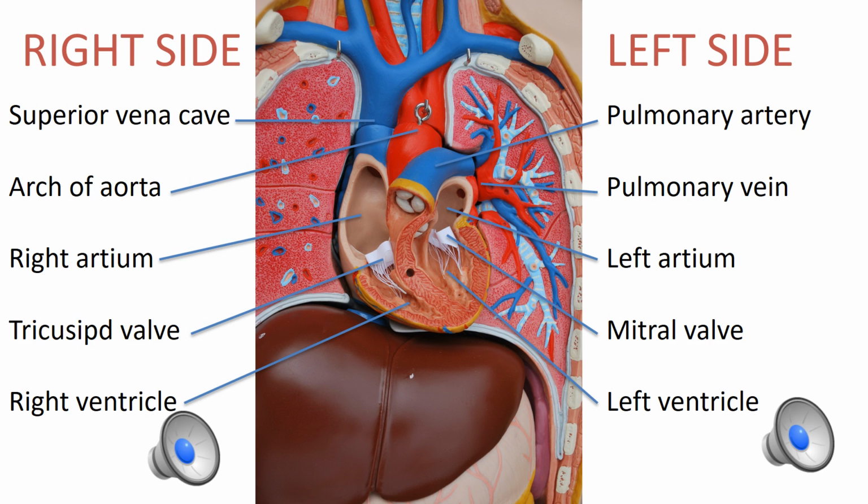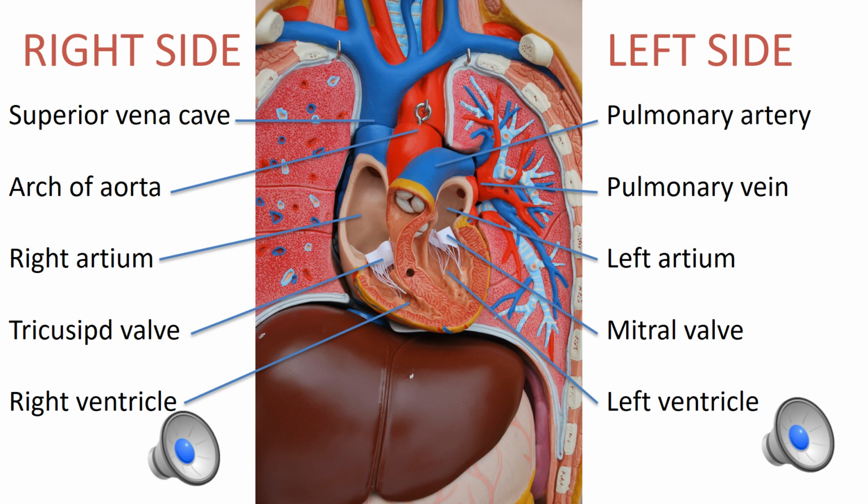But it's an artery because it's carrying blood away from the heart. So by definition, an artery is any vessel carrying blood away from the heart. A vein is any vessel carrying blood towards the heart. But we see the pulmonary artery is blue because it's carrying deoxygenated blood away from the heart to the lungs in order to be oxygenated.